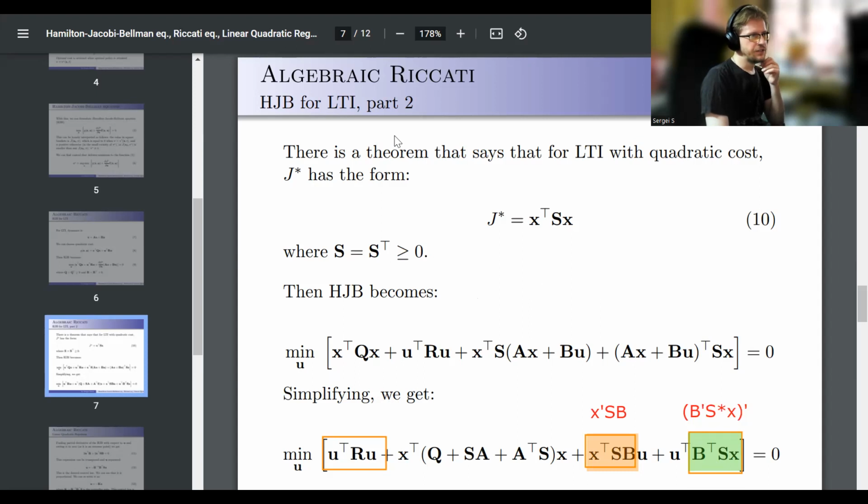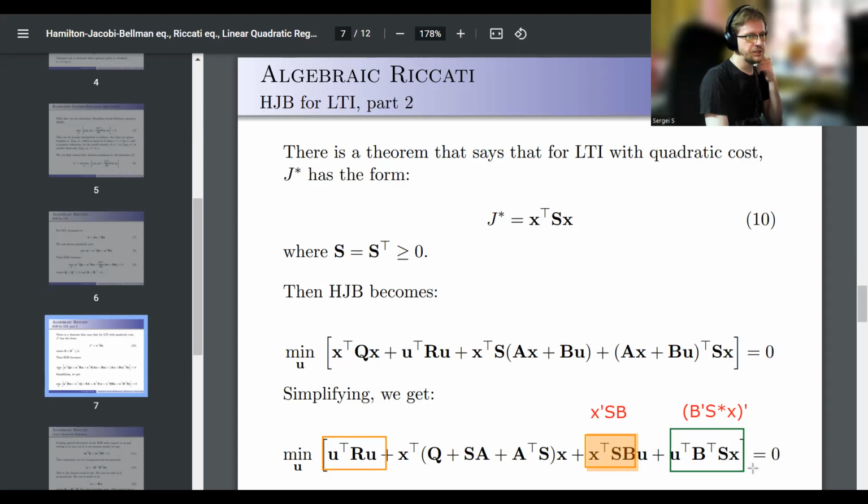Well, there is a very simple way to think about it. This whole thing here is a scalar. So this is just a single number, a scalar function. A single number, its transpose is still itself.